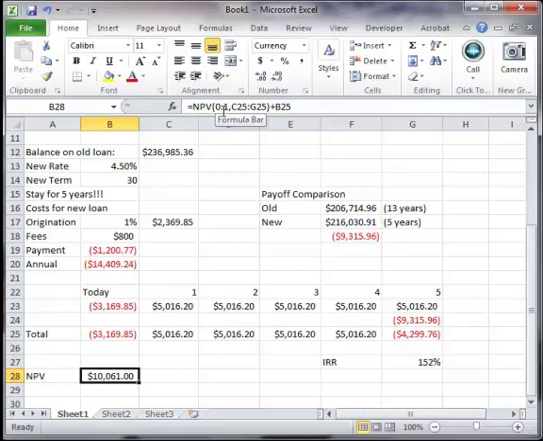Well, let's play around with it just a little bit here for a moment or two and see if we can make this IRR do some crazy things by changing some of these numbers here.